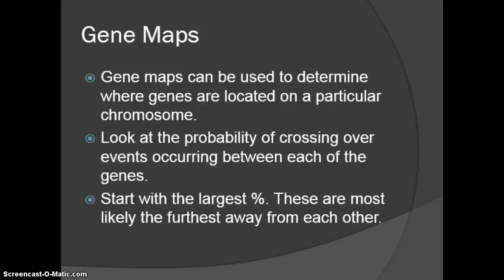Gene maps help us determine where these might be located and help us understand if genes are possibly linked. So one thing to do is look at the probability of crossing over events occurring between each of the genes. So we can see if there's any issues with our typical Mendelian genetics and see, wait, are some genes being linked?